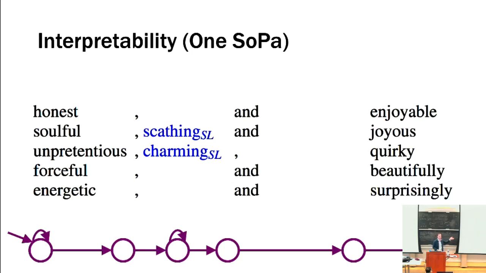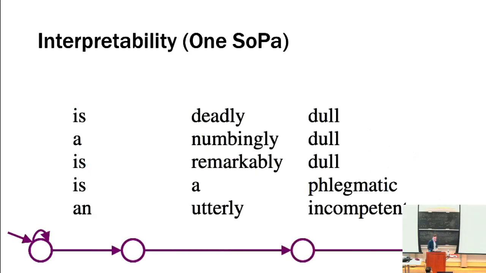These are probably not the things humans would have come up with if you asked humans to sit down and write patterns, but you can see where it's going. You can see what kinds of things it's getting at. Also negative ones. Apparently people who write movie reviews like to use an adverb before a negative word like dull or incompetent. I think phlegmatic is a negative thing when it comes to movies. Does anybody like phlegmatic movies? I'm not sure what a phlegmatic movie is.